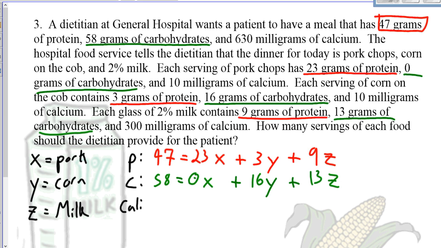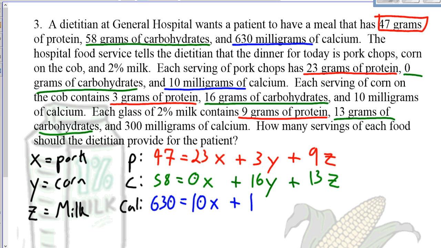Last thing is my calcium intake. So calcium intake is in milligrams. I've got to get 630. Okay. So how much do I get from my pork chops? I get 10 milligrams. So I get 10x. Plus, how much do I get from my corn?